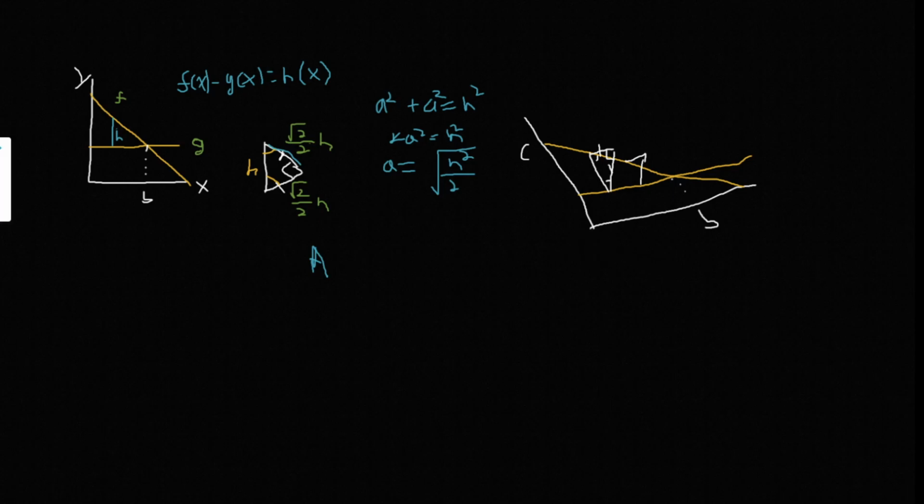Let's call this point Z. We're not going to use Z. So the area of each triangle will be, let's see, the area of a triangle is 1/2 base times height. We want to try and find the height of this.